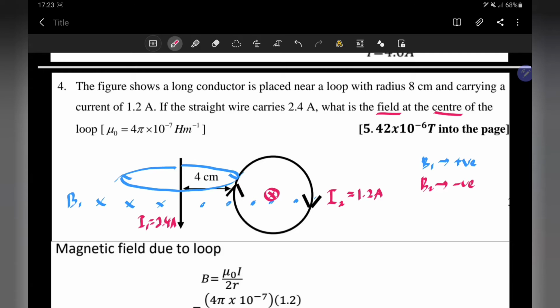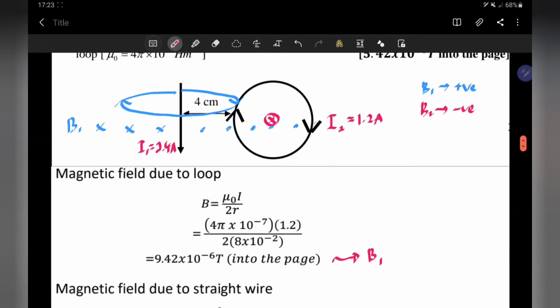Alright, so we calculate B1 and B2 separately first. B1 is B by the straight conductor. Let's calculate B2 first. B2 equals mu naught I over 2R, which gives the magnetic field strength produced by the loop at the center here, the red one, directed into the page.